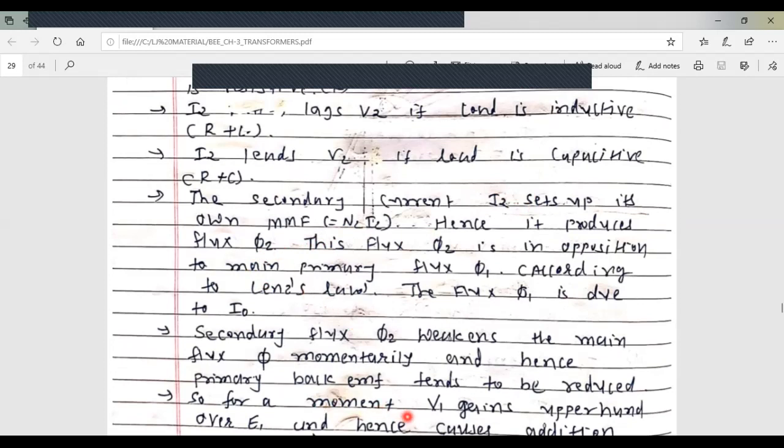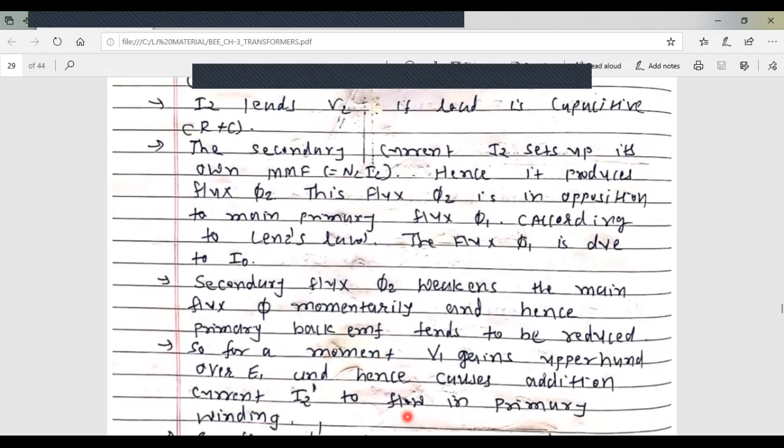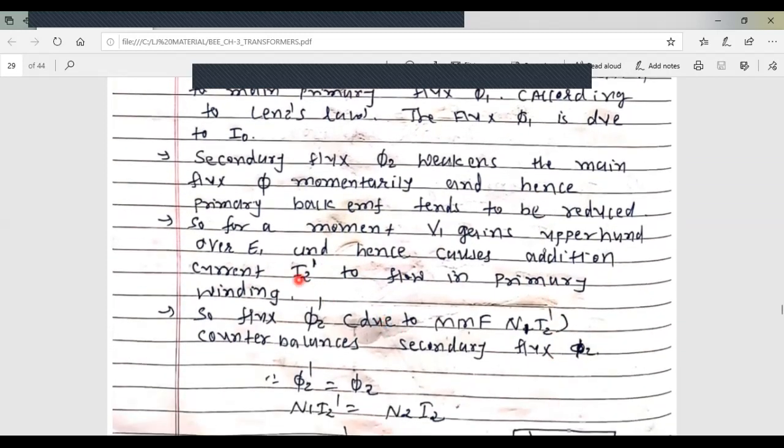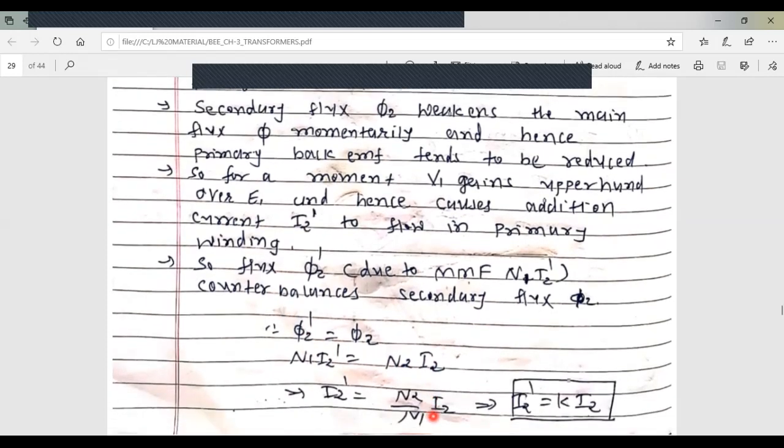But now what will happen? This flux phi2 weakens the main flux, and hence the primary back EMF tends to be reduced. At that time V1 gains over E1, and so an additional current I2 dash flows in the primary winding, and this I2 dash is exactly in opposition to I2. So now we know that phi2 dash is equal to phi2. This is MMF N1 I2 dash, this is N2 I2, and I2 dash equals K I2.